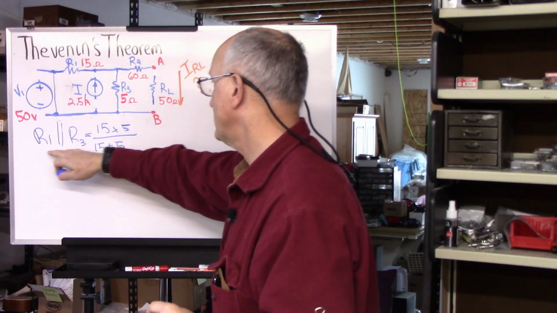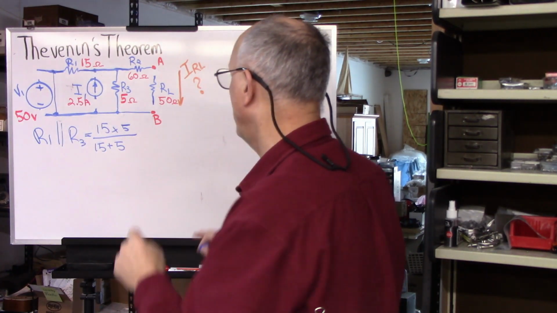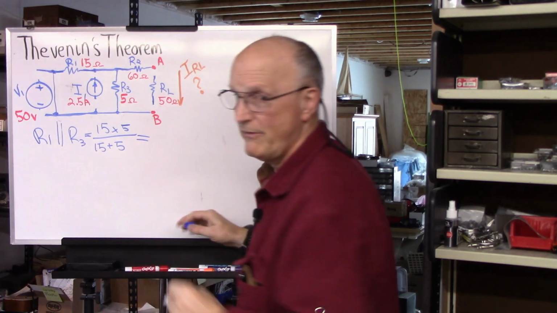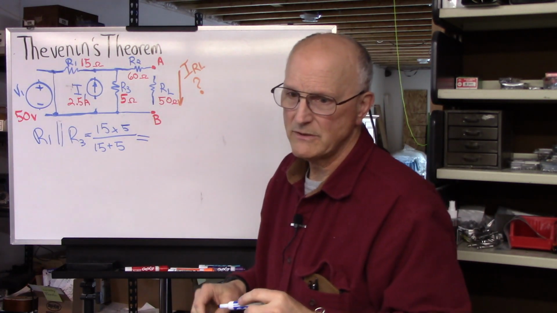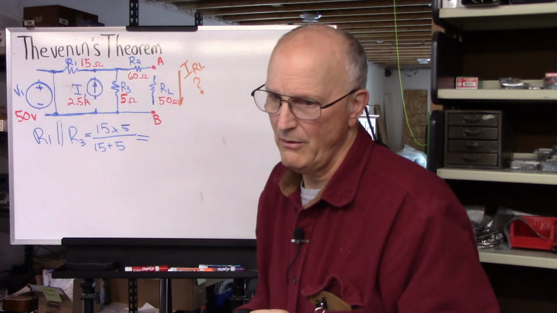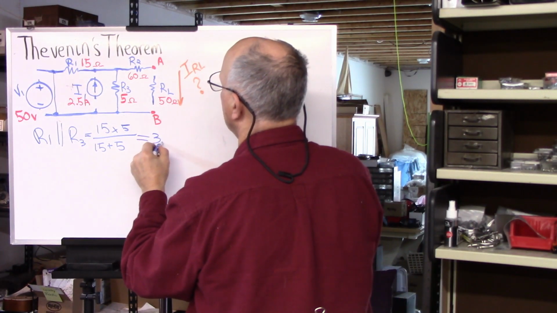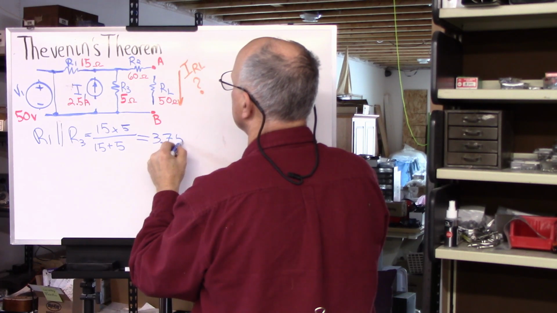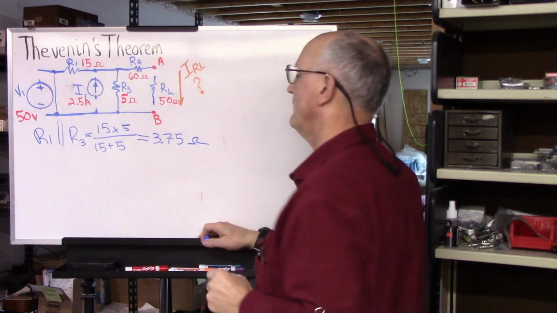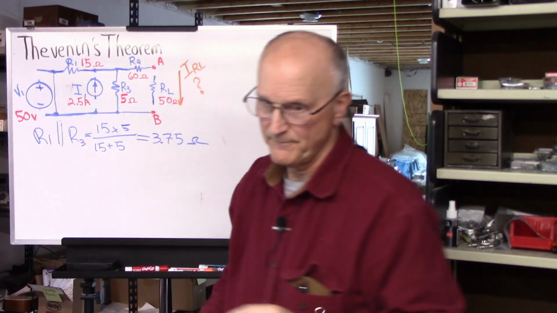So it's R1 times R3 divided by R1 plus R3, and that value comes out to be 3.75 ohms. There we go. So that's this.